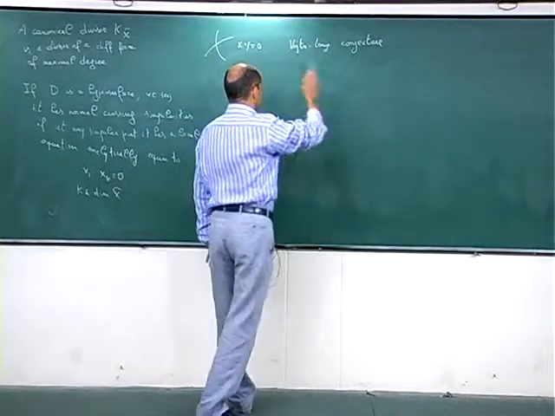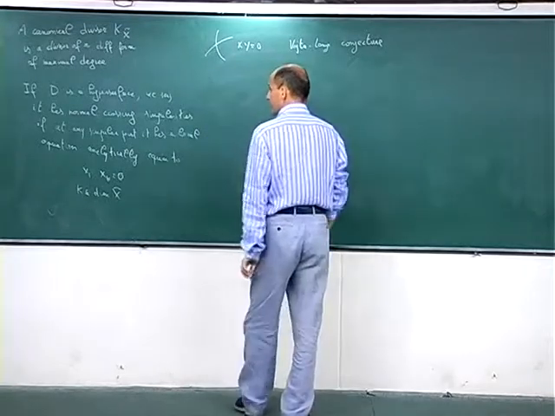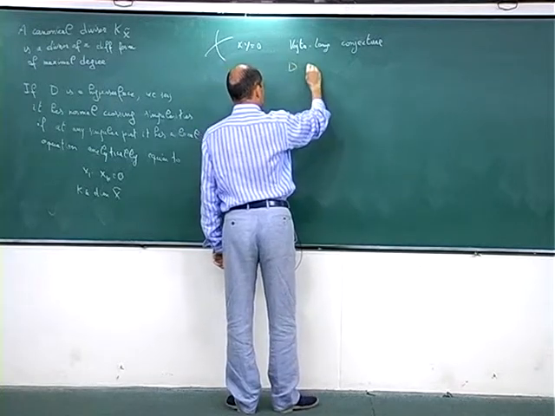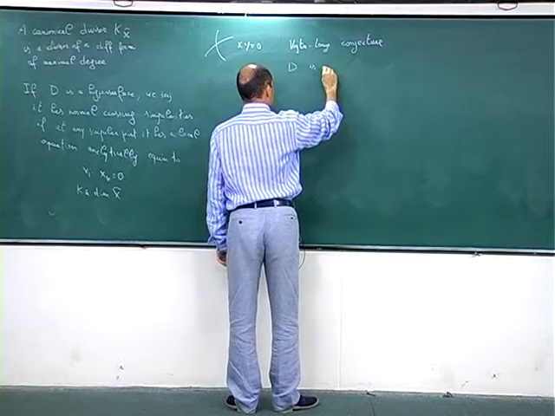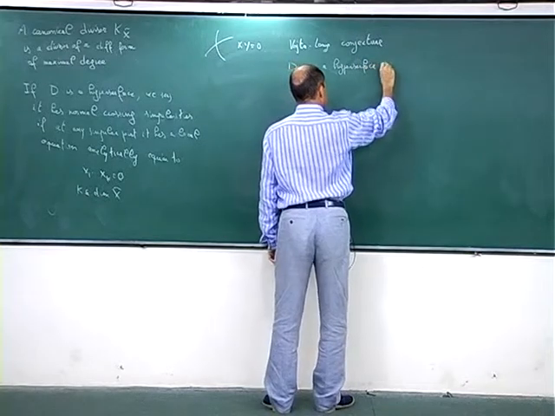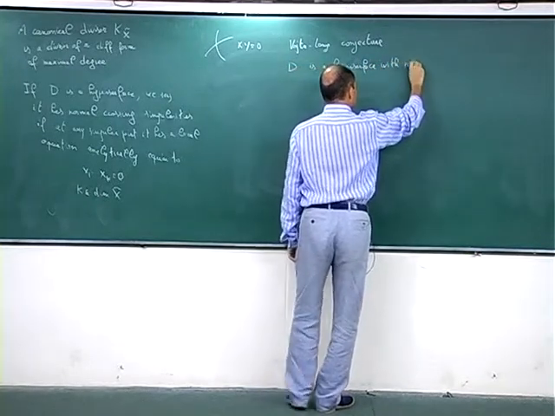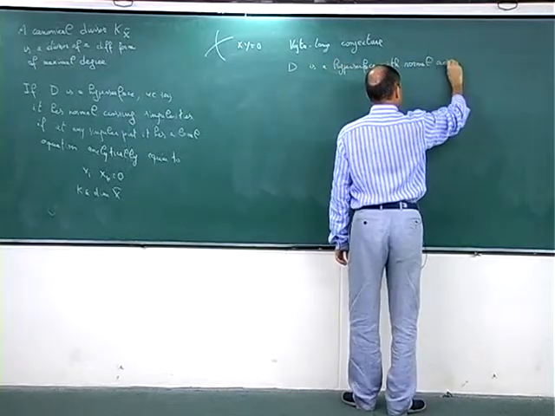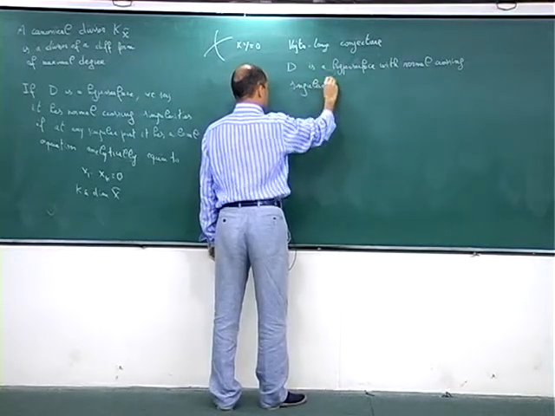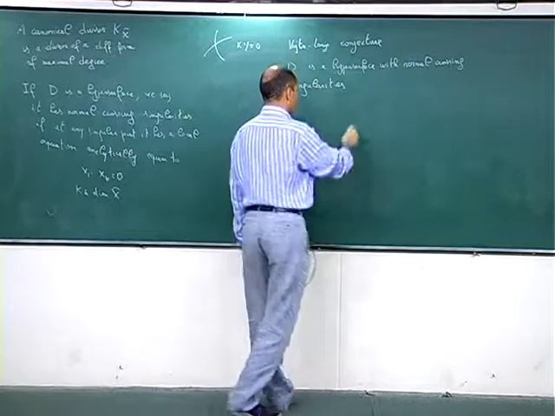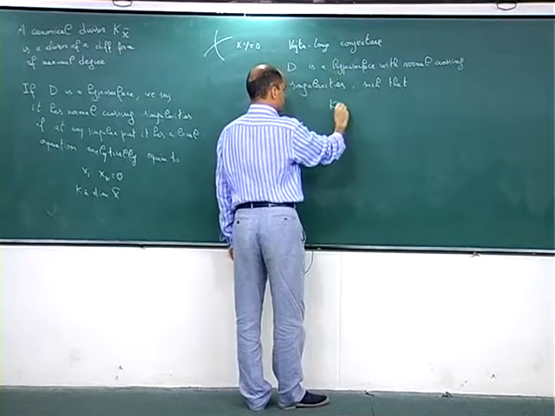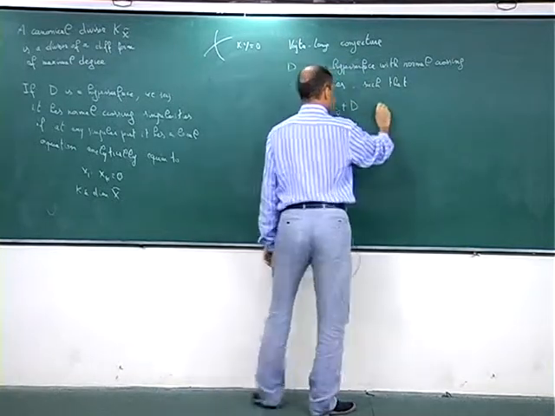So the Vojta-Lang conjecture says the following. Suppose that D is a hypersurface with normal crossing singularities such that the sum of the canonical divisor plus D is big.